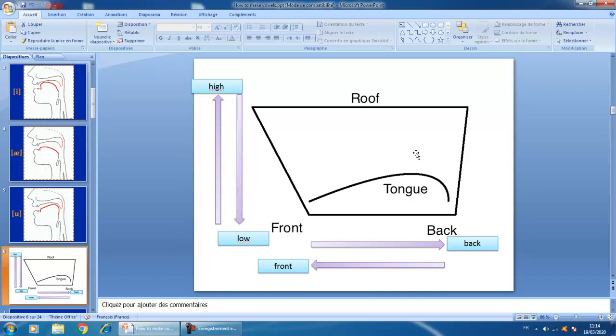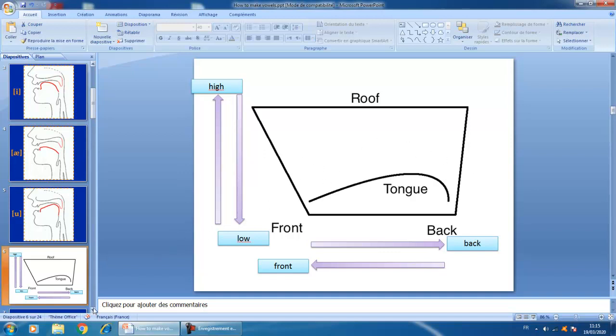At the same time, we can talk about vowels which are produced in this region here. They are called high vowels. But vowels which are produced in this region are called low or open vowels. But we have some vowels that are in between. They are produced in this kind of region. They are neither high nor low. They are mid vowels.